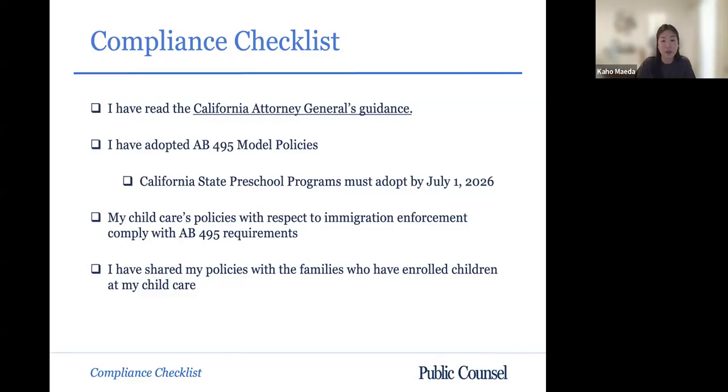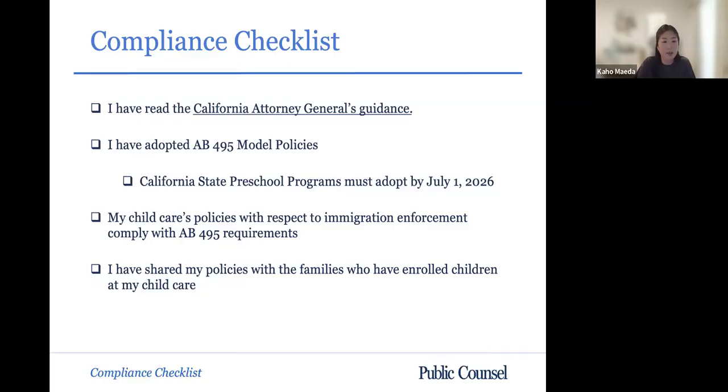And if you are a licensed child care center or home, you are highly encouraged to adopt the model policies or very similar policies. You need to make sure that your policies comply with and are not inconsistent with AB 495 requirements. And then finally, once you have those policies, you want to make sure that you have shared those policies with families who have enrolled children at your childcare.